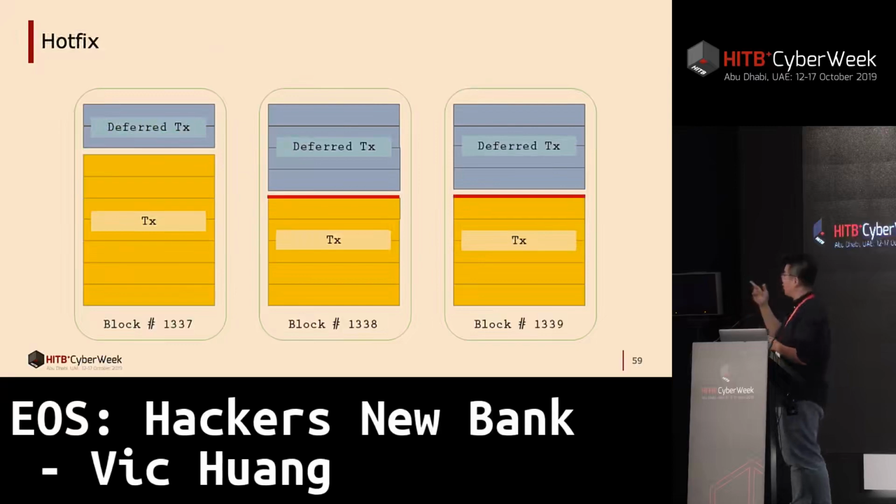If all of the transactions in a block are illegal, then when the vulnerability is found, the block producers will hard fix it. You have to keep a balance between the deferred transactions and the inline transactions.